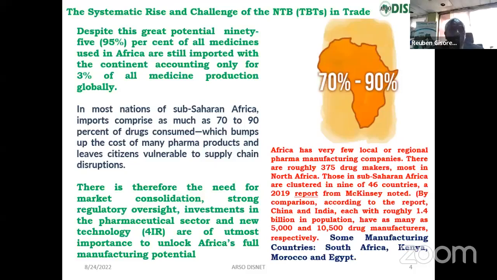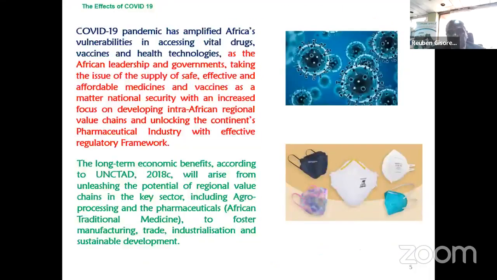In this sense, the medicines consumed in the continent get into disruptions, as we experienced, for example, during the pandemic that started in 2019. Now, how many of the countries manufacture medicines? There are quite a few countries, a few companies that manufacture this.